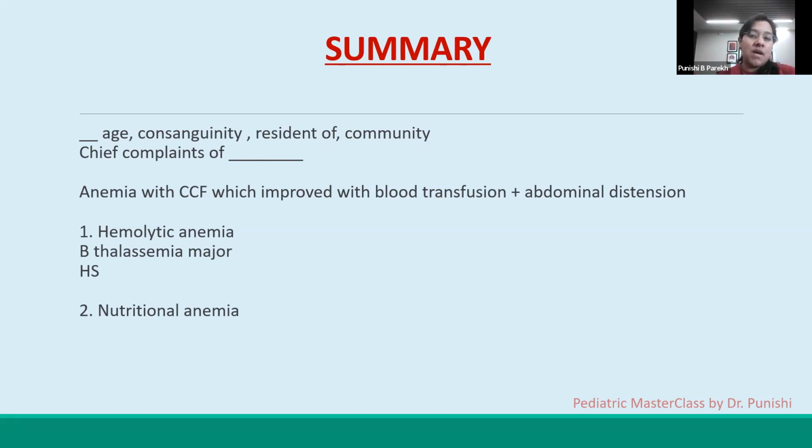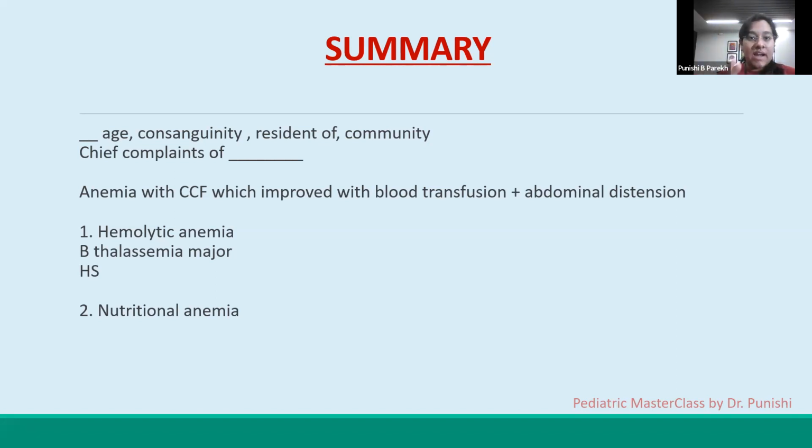They start presenting by about 7 to 8 months, and severe enough that it requires blood transfusion and is causing CCF is by around 1 year of age. Now, in this patient, although she was breastfed till about 8 months of age, she has then been started on complementary feeding.